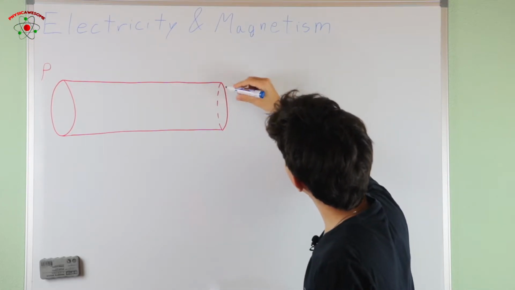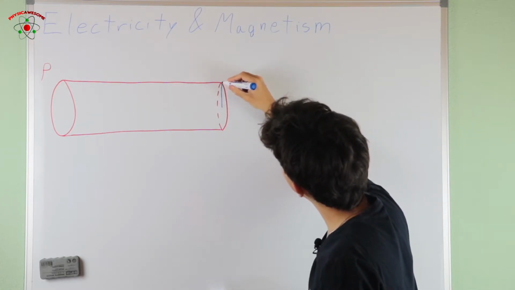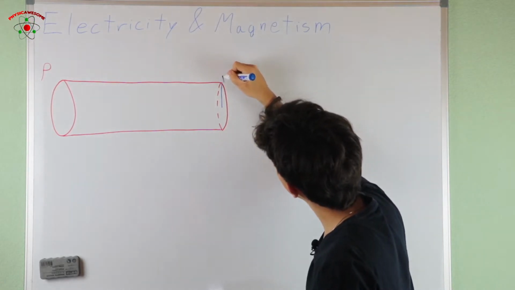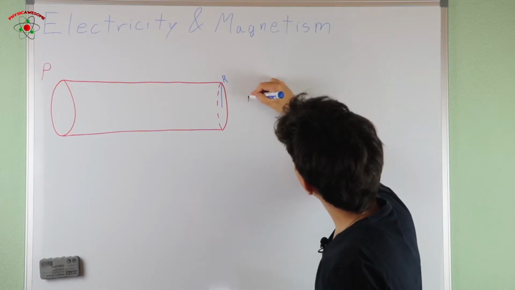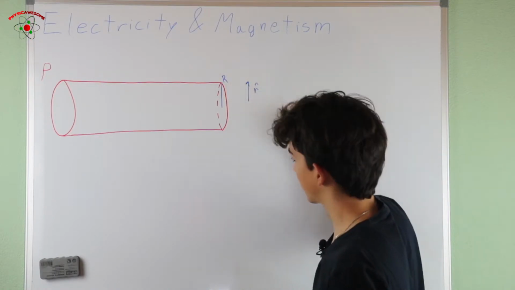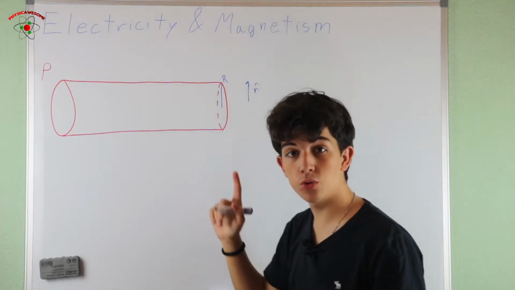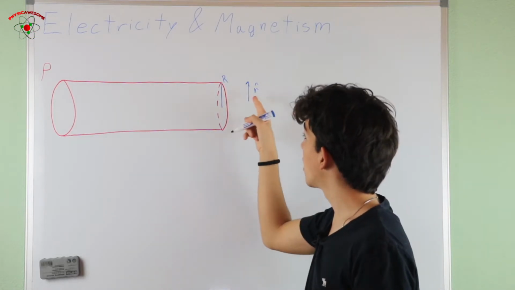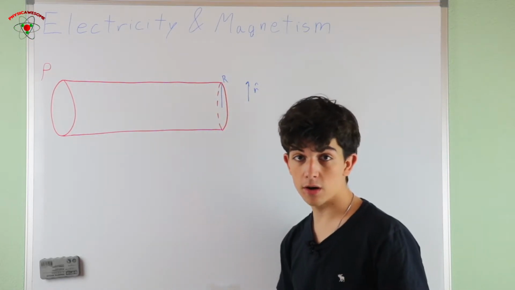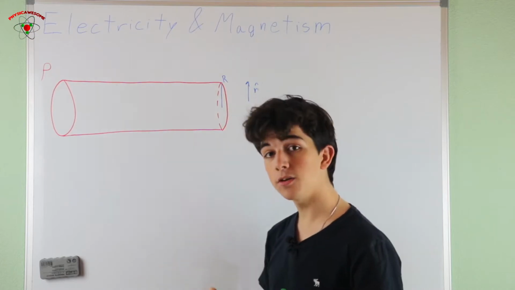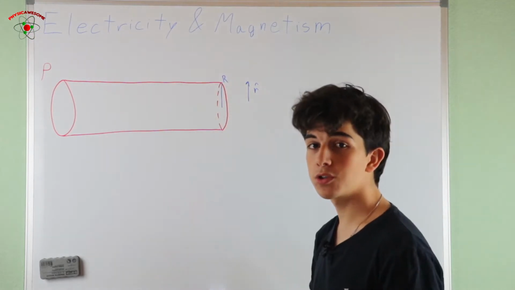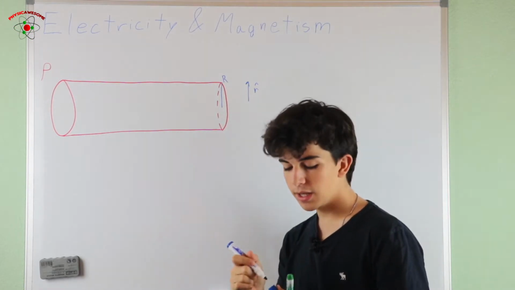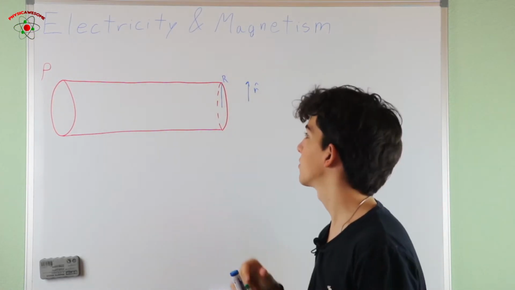We're going to have the radius of this cylinder to be capital R, and we're going to have our coordinate r hat. We're going to have two different regions: for r less than capital R, which is going to be the inside of the cylinder, and r bigger than capital R, which is going to be the outside of the cylinder.